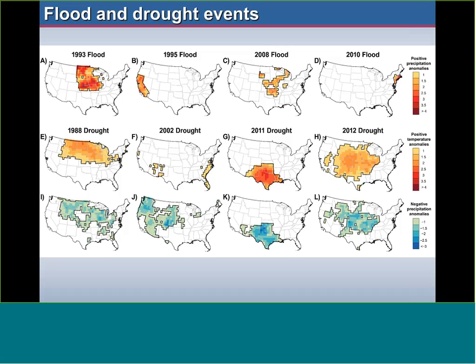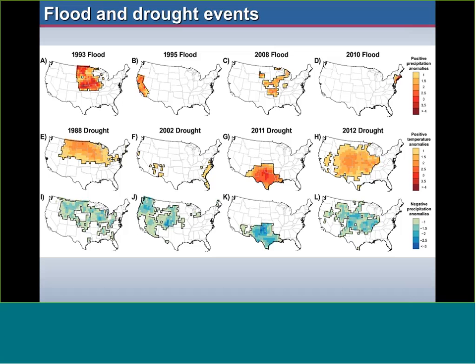So over the study period, those were the events that we considered: the 1993 flood in the Midwest, as well as the 2008, and then the 1995 flood in California, and the 2010 flood in northeastern U.S., for instance.